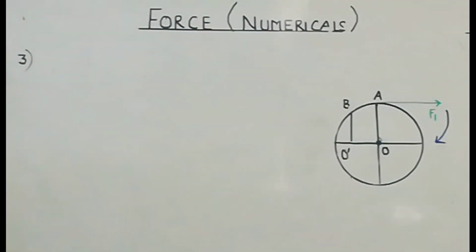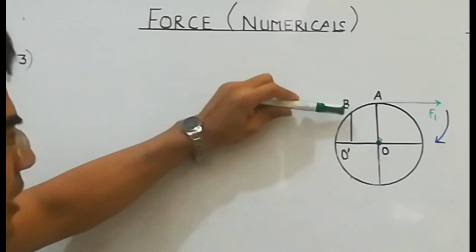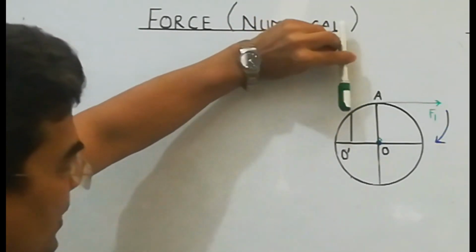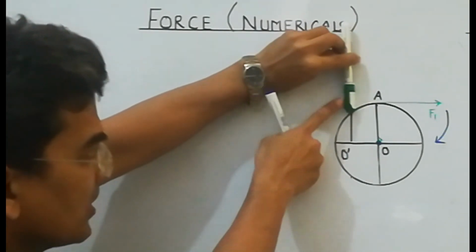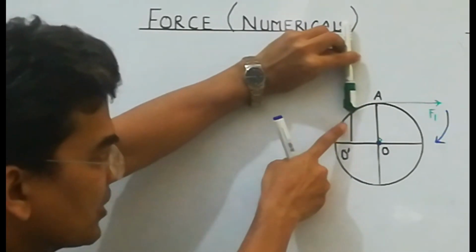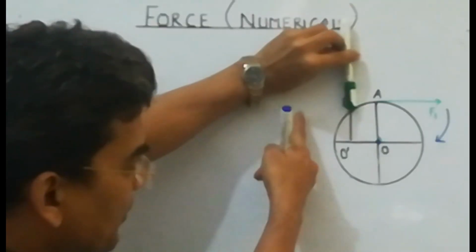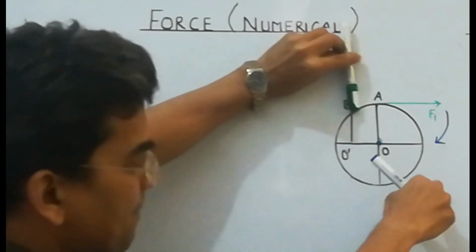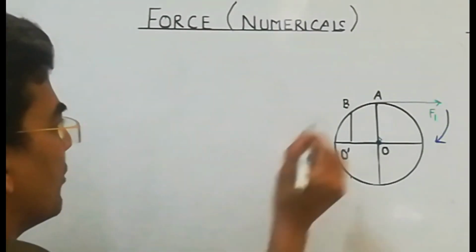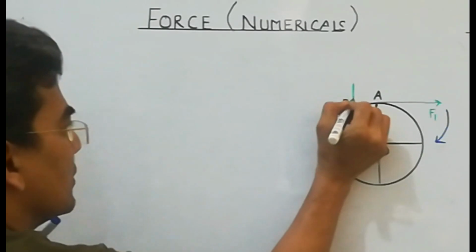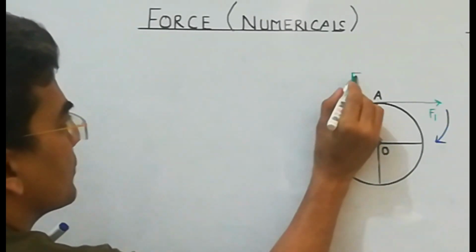That means here you have to apply a vertical force. That vertical force should be marked in the downward direction. Because if you mark the vertical force here at B in the downward direction like this, we can say it will be producing anti-clockwise movement. So you will mark F2 in the downward direction.